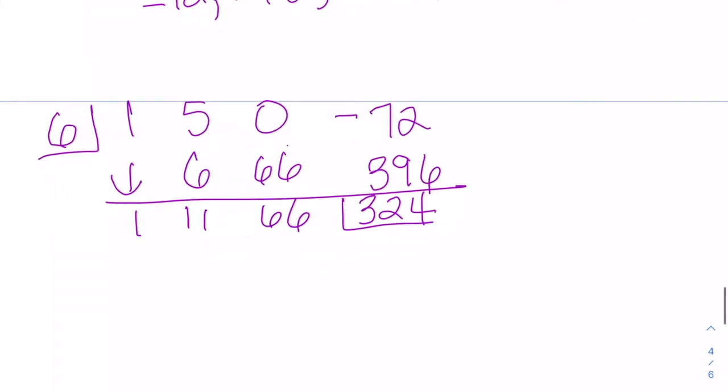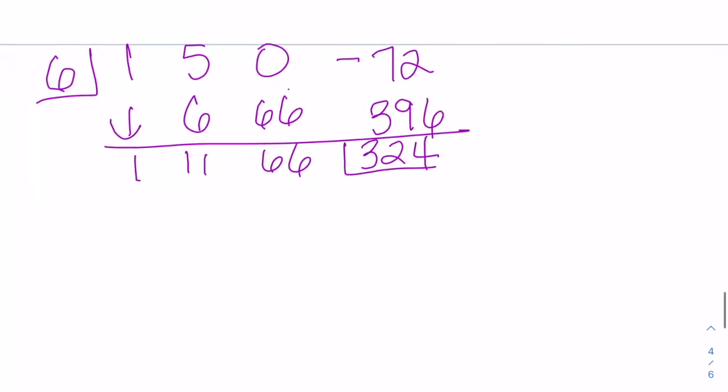Well, we know that that's definitely not going to be a solution, but we also know because everything is positive in the last row that x equals 6 is an upper bound. So we don't have to try any numbers greater than 6. Let's try the next one. Let's try 4.